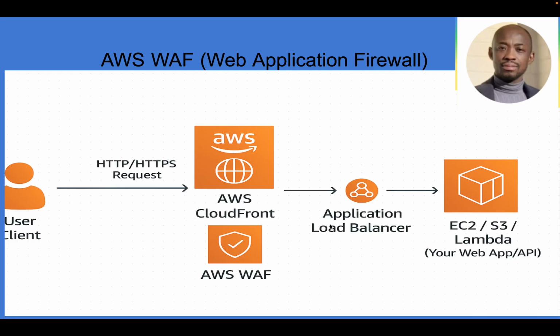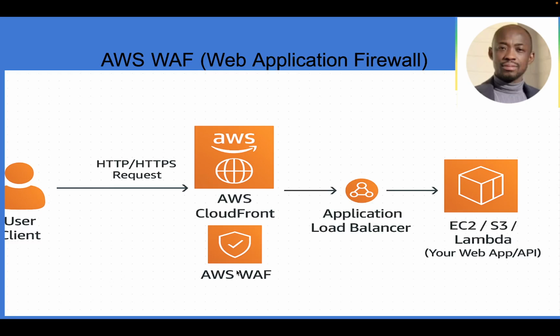What you can do is front your load balancer or your resource. Remember, WAF integrates well with load balancer, API Gateway, CloudFront, AppSync, and other services as well. So you front your service or your resource with WAF. You put AWS WAF in front of your load balancer or your CloudFront, and within that you set your rules.